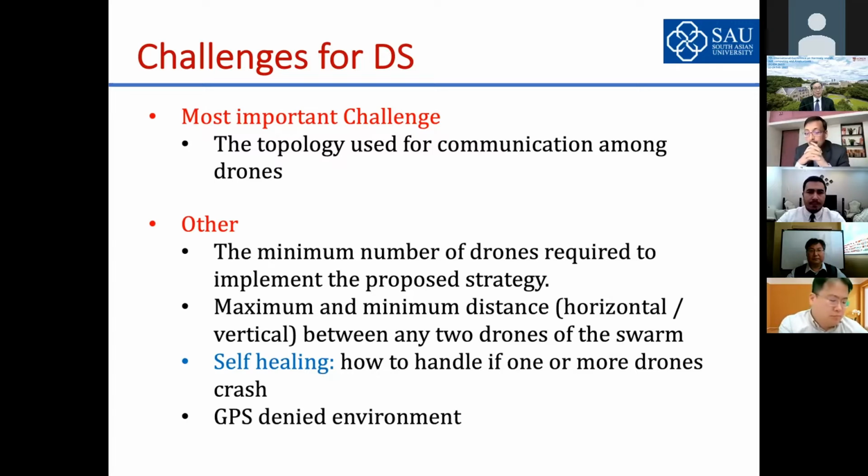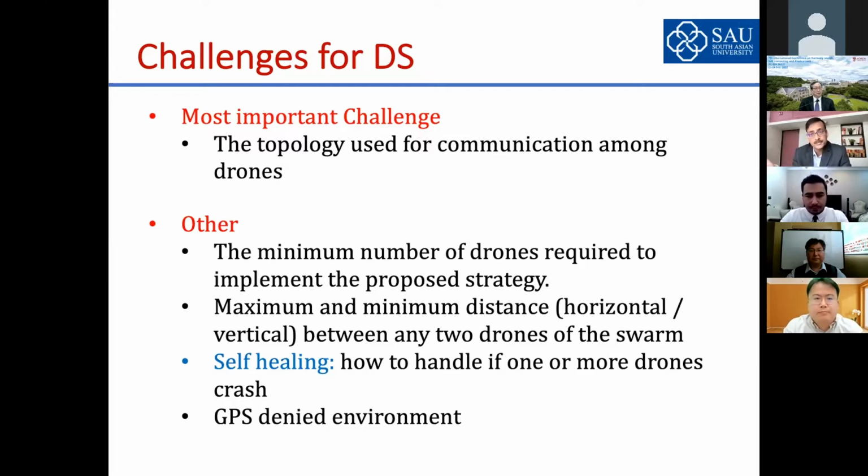And the next challenge is about the GPS denied environment. Of course, for the long distance missions, it is a GPS environment, but there may be certain situations where the GPS denied environment can appear in between.